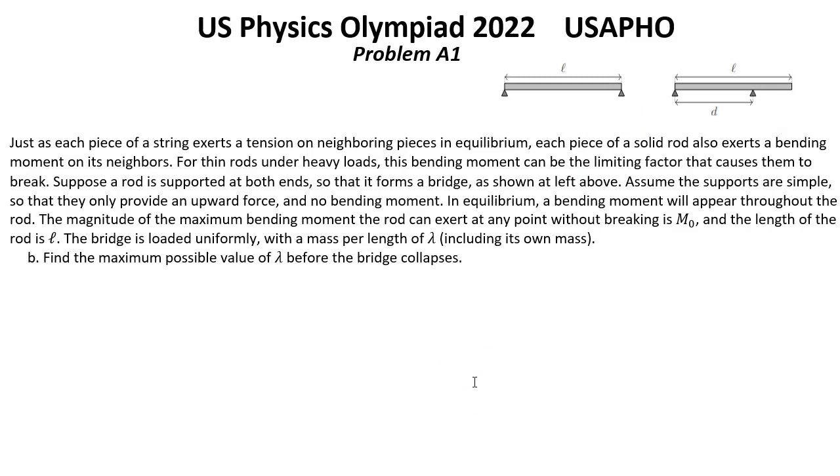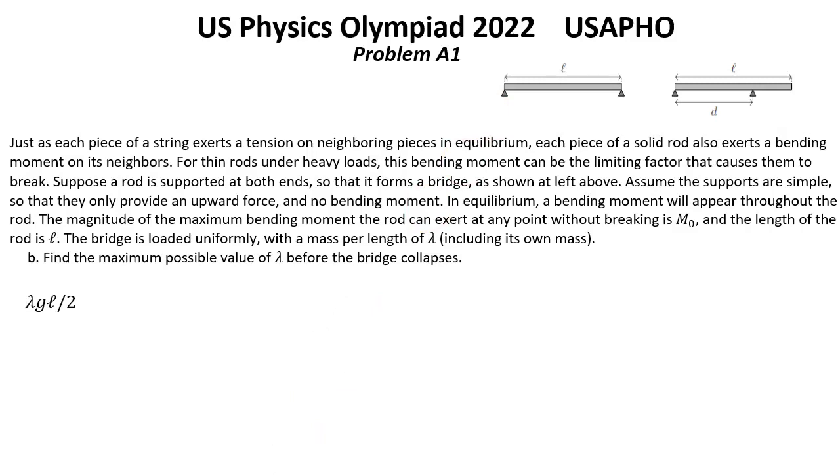Around this point we have to calculate all forces and torques from external forces. There are two external forces. One is the force from the left support, which is equal to lambda gL over 2, and it's going upward.